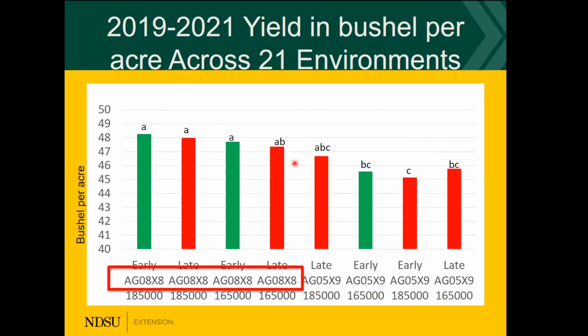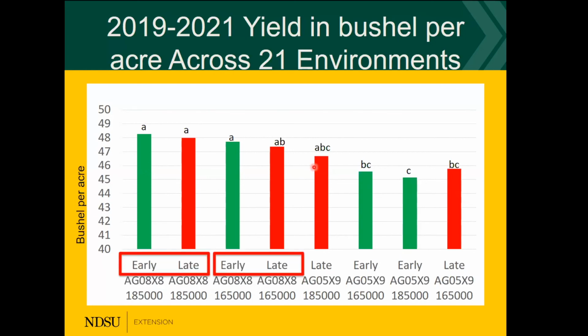As a group, the late maturing out-yielded the early maturing, as we already saw. Second, consistently, I've marked the green as the early planted versus the late. Although there is no significant difference between some of the numbers, the trend you can see is that early planting has been higher than late planting, which we also showed in the main effect.